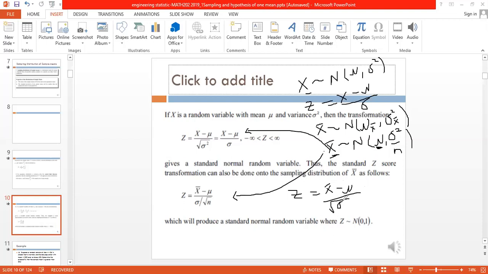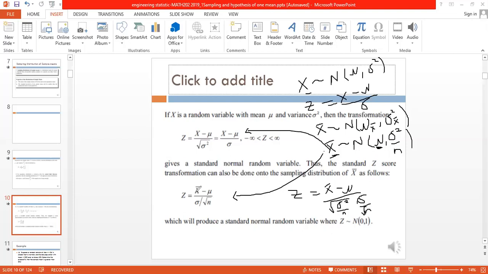Sigma squared over n, okay? And of course, once you find the square root of sigma squared, this will be sigma, and then the denominator will be the square root of n, okay? That is why we are having X bar minus mu over sigma divided by the square root of n.